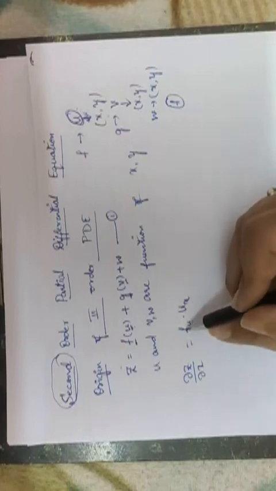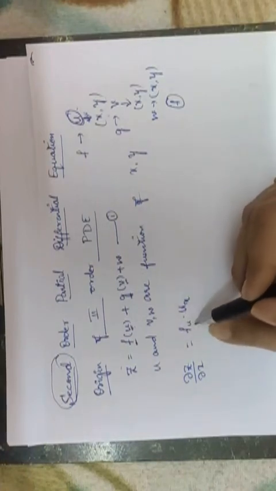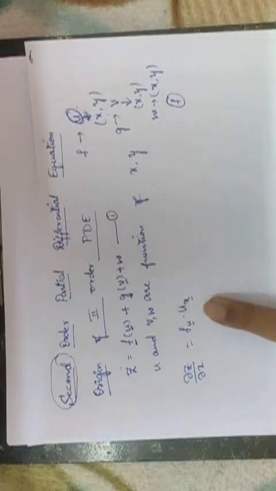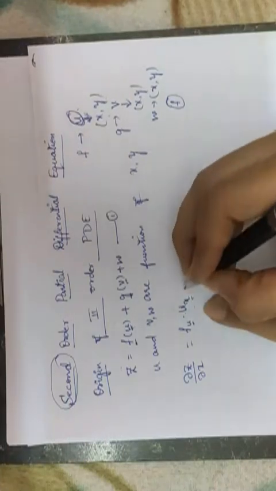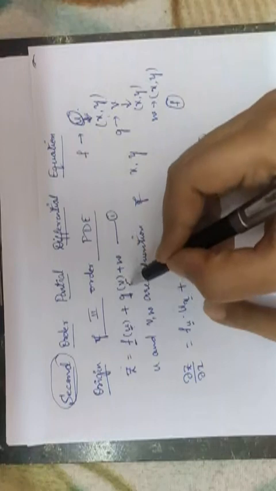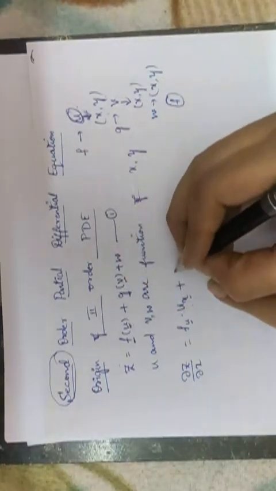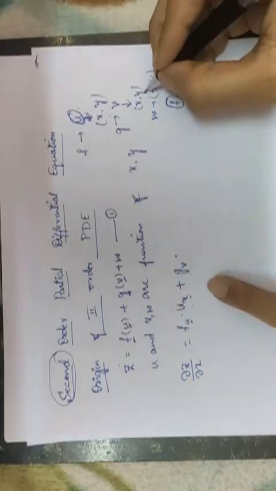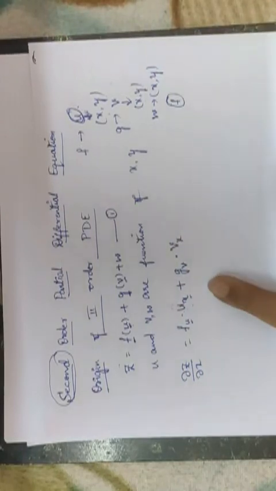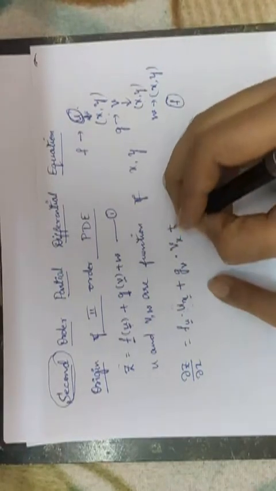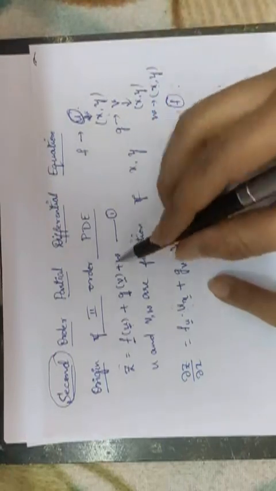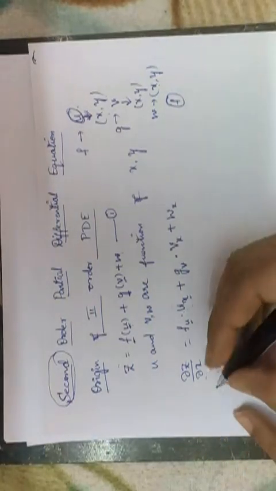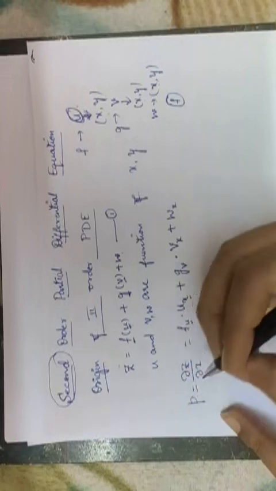This is partial differentiation of f with respect to u into partial differentiation of u with respect to x, right? Plus again I should differentiate g of v. Here I will differentiate g with respect to v first, then since v is a function of x and y, I will differentiate v with respect to x partially, and w is a function of x and y. So if I differentiate w with respect to x, I will get wx, right? This dou z by dou x is nothing but p.